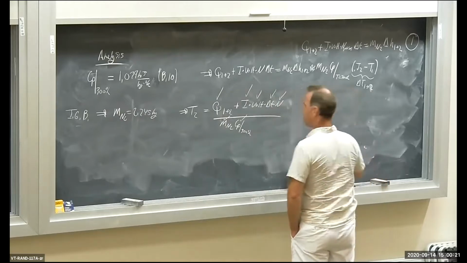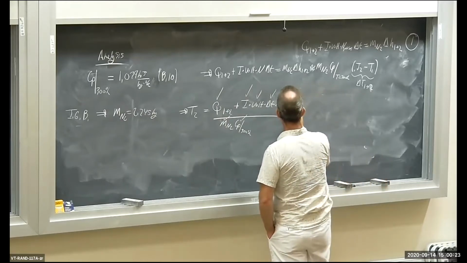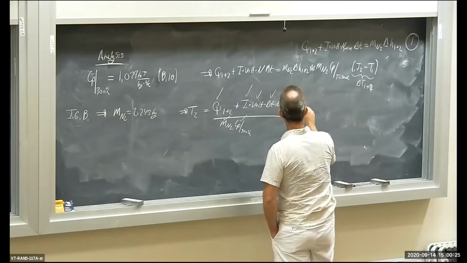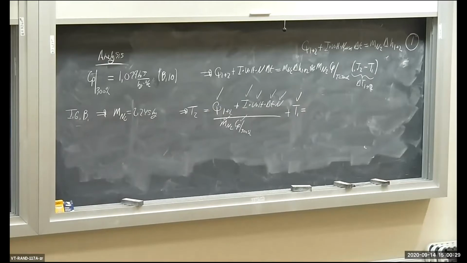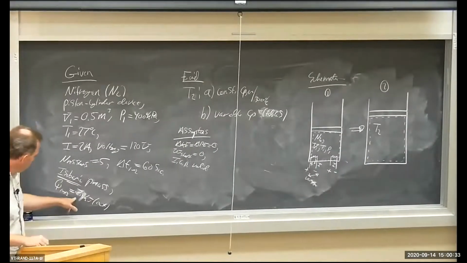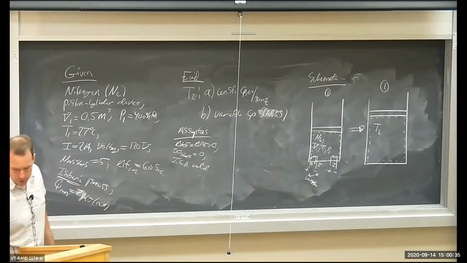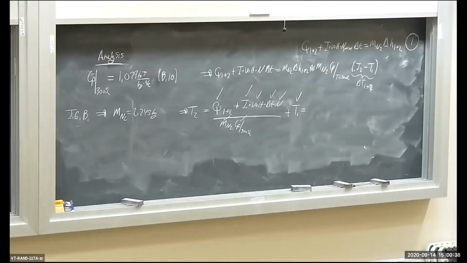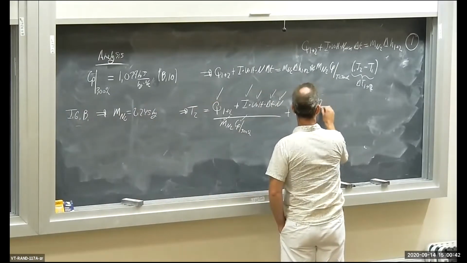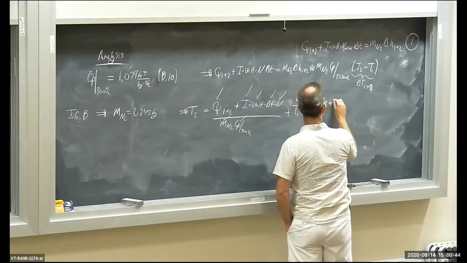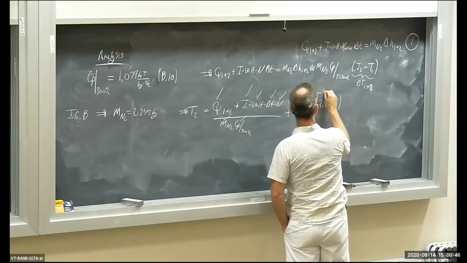Okay, let's see if I can crank out temperature T2. Well, the heat transfer, 2.8 kilojoules out of the system. So I got to put a negative sign. Negative 2.8 kilojoules. So this is out.